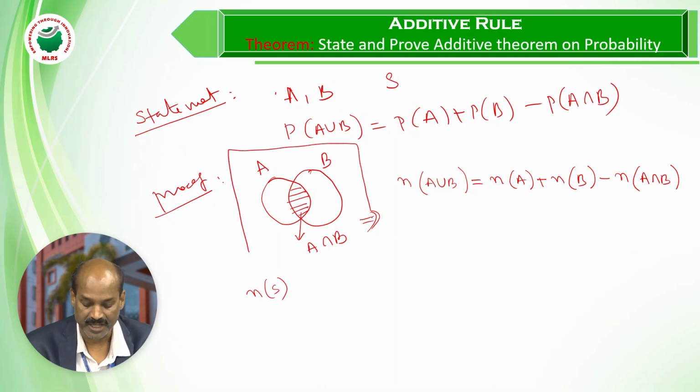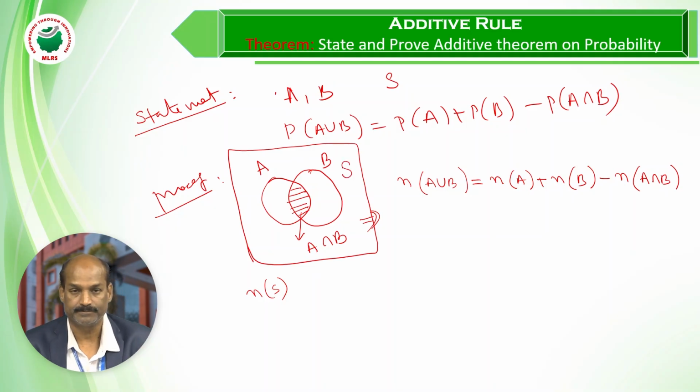Now this total is the sample space. n of S represents the number of elements in S. n of A union B represents the number of elements in A union B. n of A represents the number of elements in A, the complete A set or A event. And plus n of B means the number of elements in set B, minus the number of elements in A intersection B.